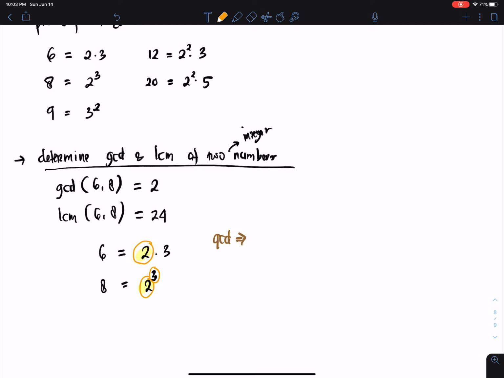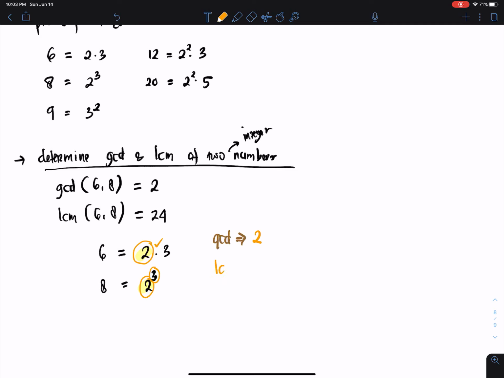We don't take 2 to the power of 3, but the one with the lowest power, which is 2 to the power of 1. That will be the GCD between 6 and 8.